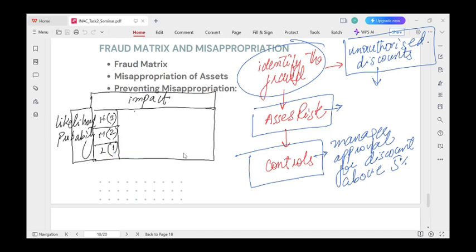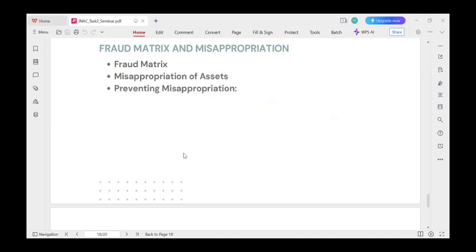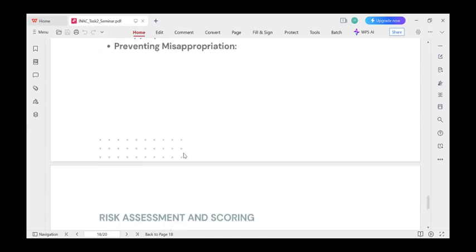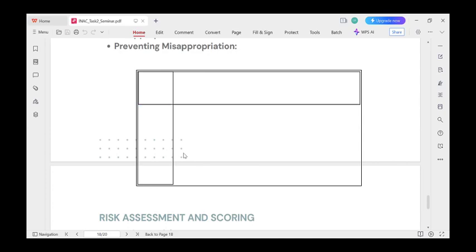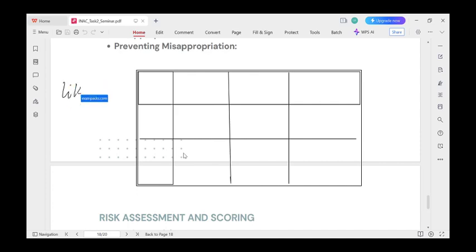I'm not happy with my drawing. Let me make a clear picture. So taking likelihood and probability over here, and we are taking our impact here.